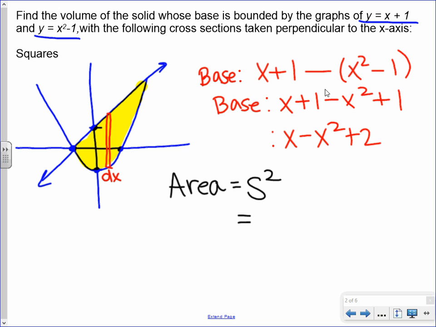Well, this is the base of that square. So if this has length x minus x squared plus 2, then so does the height of the square. So our area is side squared.